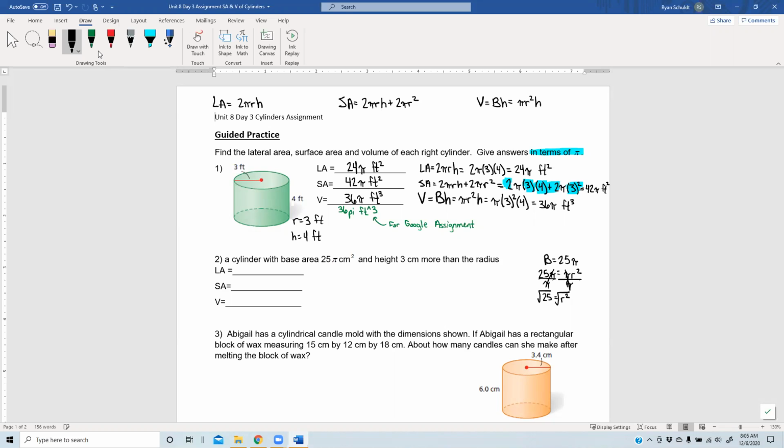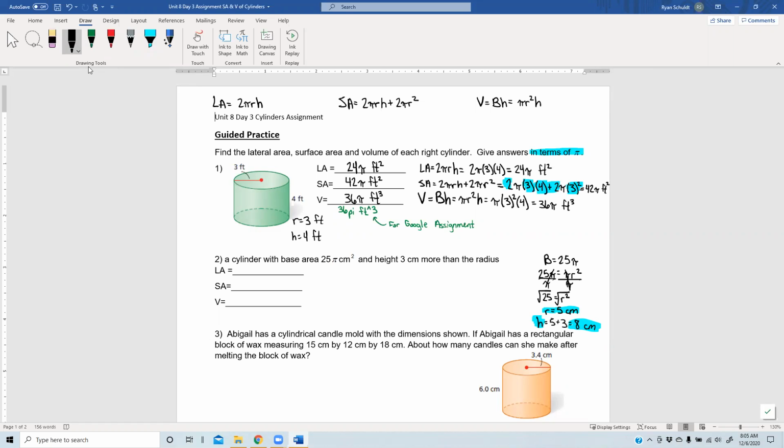Square root it. R is 5 centimeters. Now, it says the height is 3 more than the radius. So height is 5 plus 3, which is 8 centimeters. Those are the two numbers we'll use.